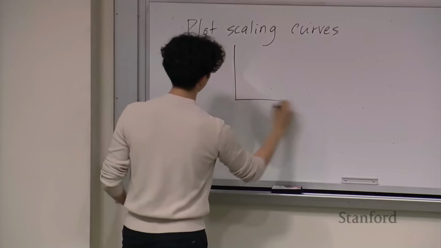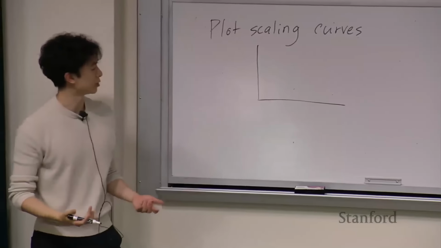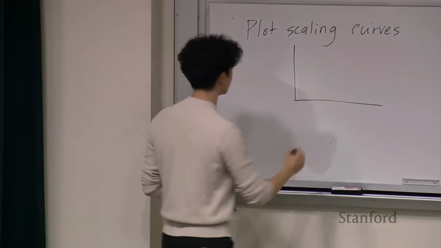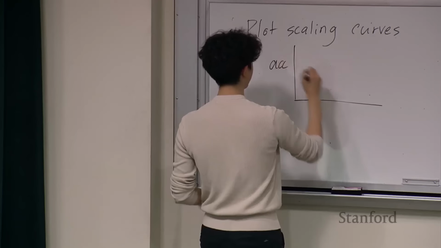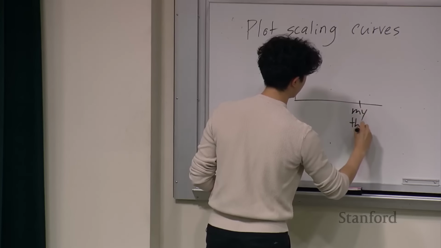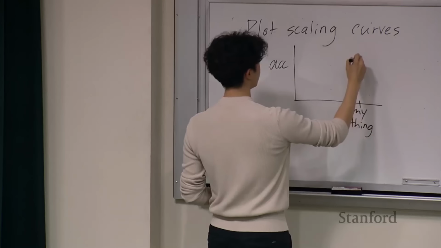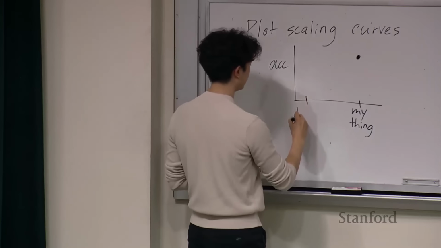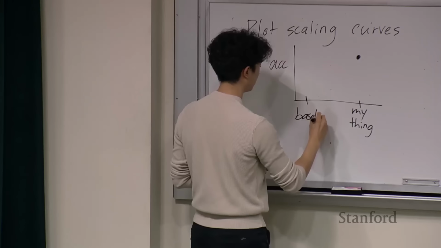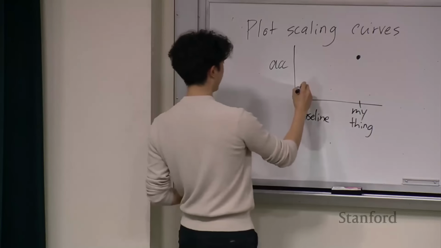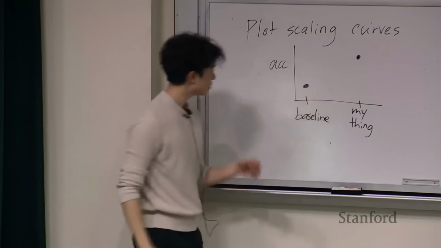Let's say I do something for my research project. I fine-tune a model on some number of examples, and I get some performance there, and then here's the baseline of not doing whatever my research project is, and there's the performance.